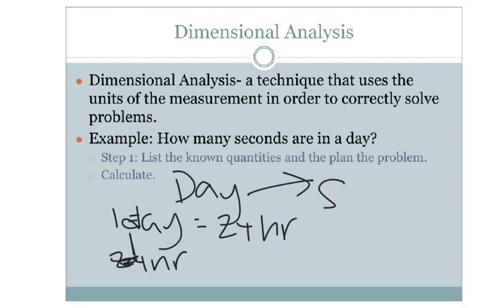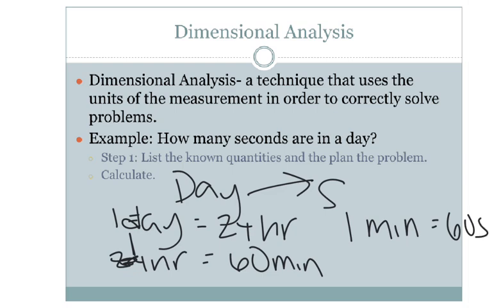I can break that down even further. So 1 hour equals 60 minutes. And then I can break down minutes even further. I can say 1 minute equals 60 seconds. All right, so now I've gotten from day to seconds.